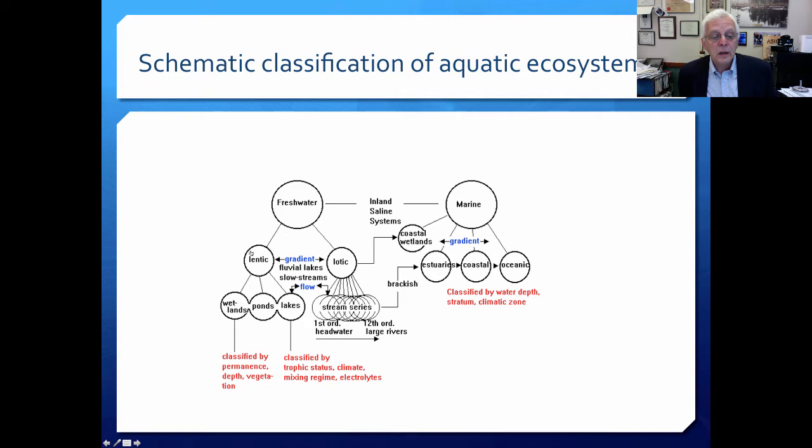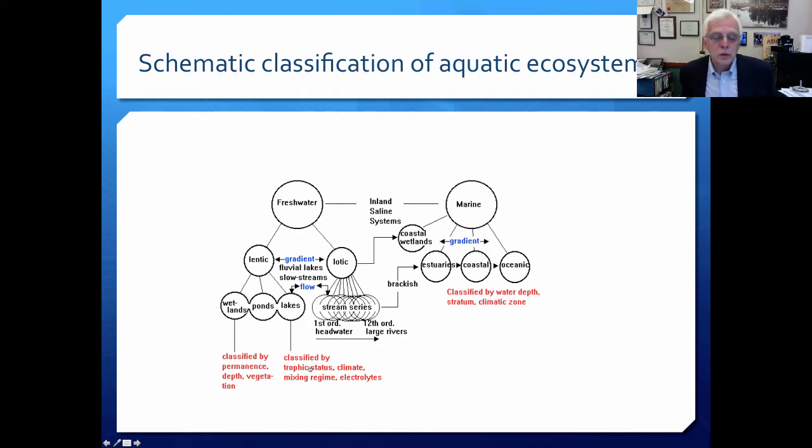So the lentic are things like wetlands, ponds, and lakes, slow-moving systems. The lotic would be the flowing waters, and these form a stream series from first to about 12th order, and we'll learn those concepts when we get to stream ecology. The wetlands are classified by their permanence, their depth, and the kinds of vegetation that exist there, and the lakes are classified by trophic status.